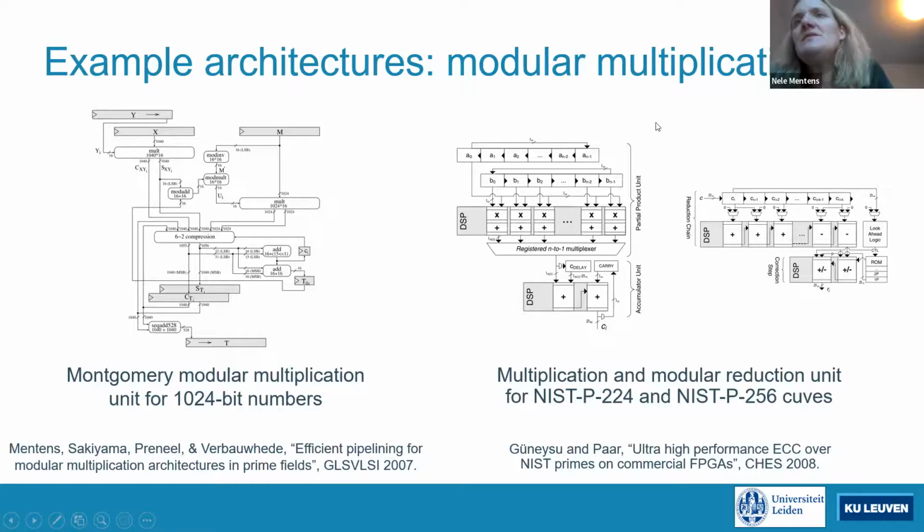It's then typically more useful to first perform a multiplication and afterwards do the reduction separately, where in the reduction step you can take into account that your modulus has a fixed value, instead of in this other architecture on the left, where we assume that the modulus can be any input. And then of course it's possible to get very high performance when you make use of those standard curves with a fixed modulus.